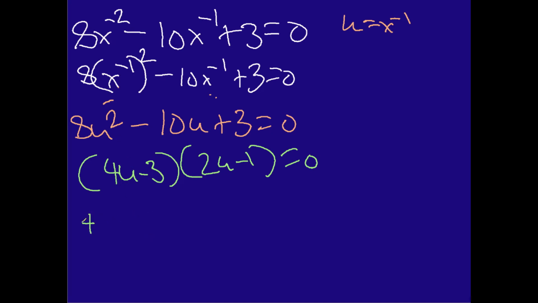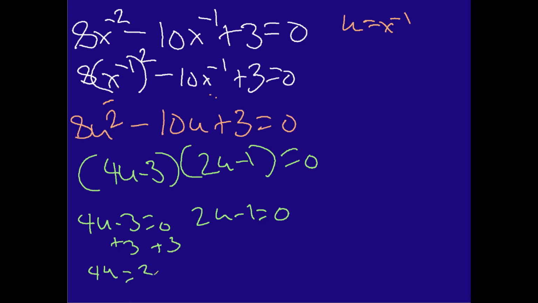And so now I have 4u minus 3 equals 0, and then I have 2u minus 1 equals 0. So how do I deal with this? Plus 3 over here, and then I know 4u equals 3, so I know that u is going to equal, excuse me, 3 over 4, sorry.